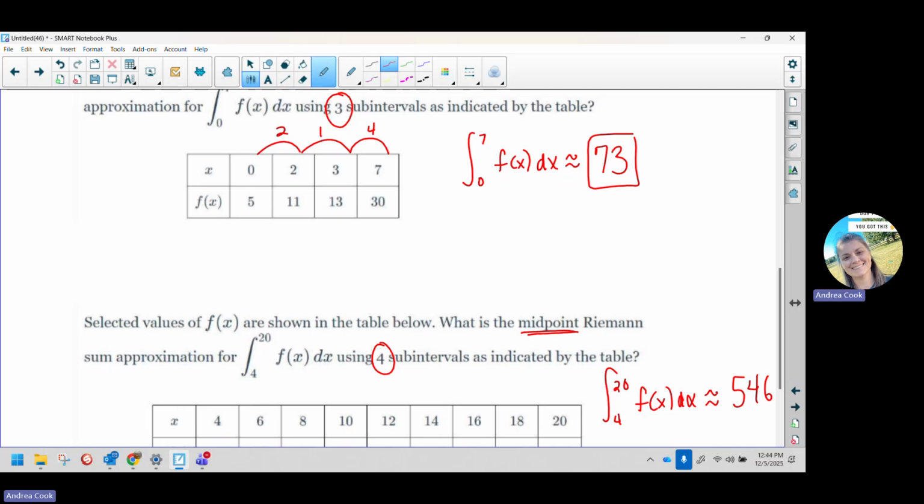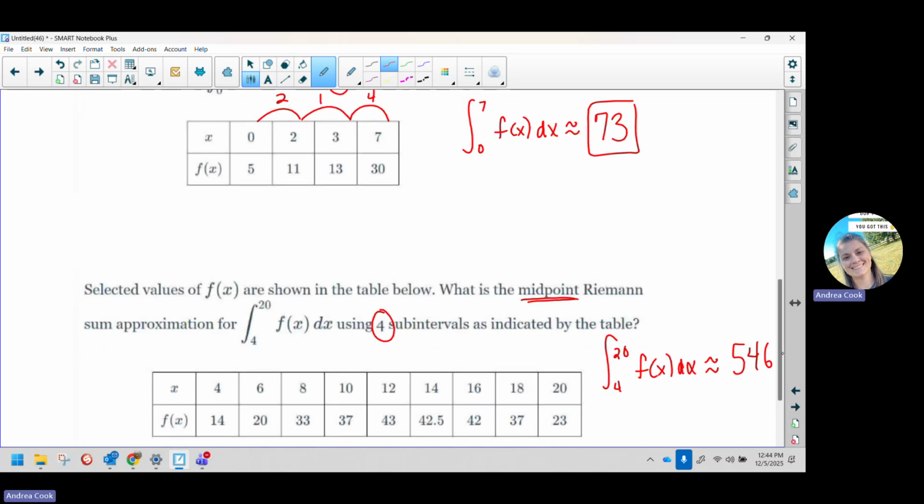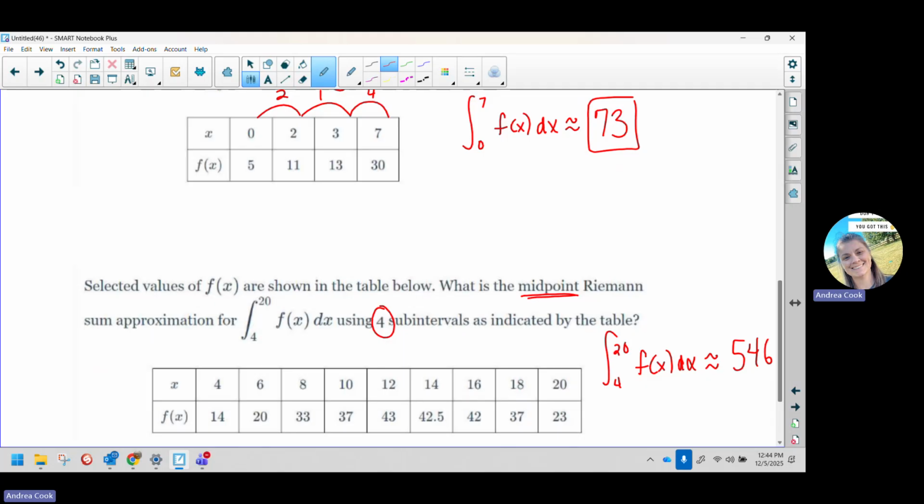Midpoint one is always gonna be the same. We use the trapezoid. All right, did we get 73 and 546? Yes, ready for the last one?